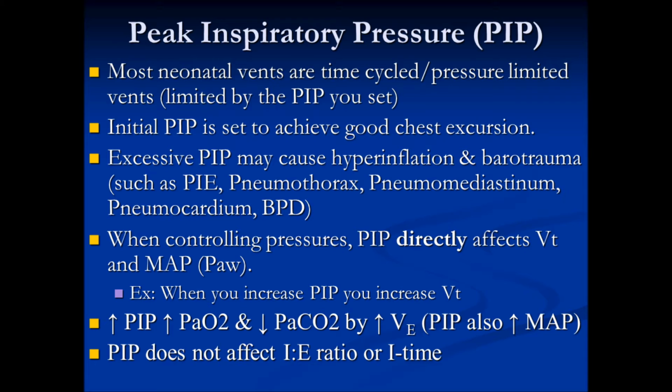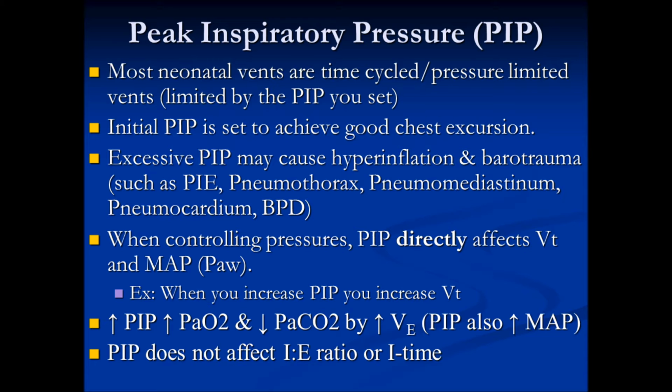So when you are manipulating PIP, whatever your IE ratio was before you went up or down on the PIP, it's going to stay the same. Whatever your I time was on the ventilator, if the only thing you did was adjust the PIP, then the I time is going to stay the same. PIP does not affect IE ratio or I time.